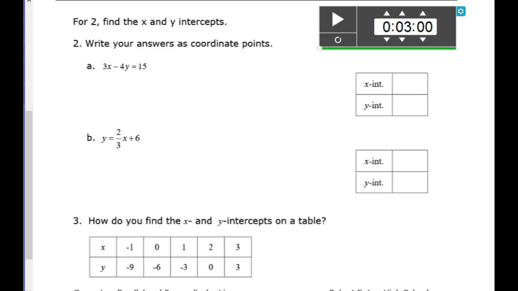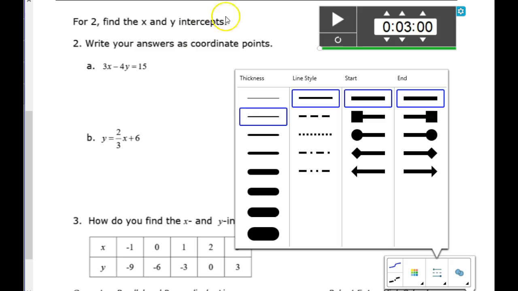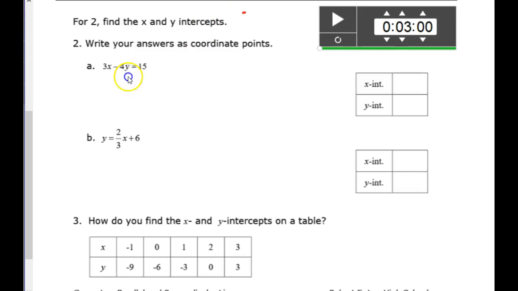Here we go. Do y'all have all the answers already? Because y'all are so fast? Let's do this. X-intercept, we plug in 0 for y. 3x equals 15. Divide by 3, what do we get? X equals 5. So my x-intercept is what? What do I write here? 5, comma 0. Cool.